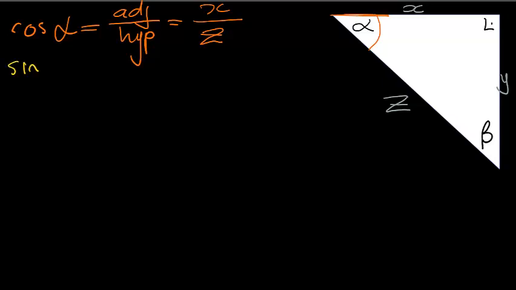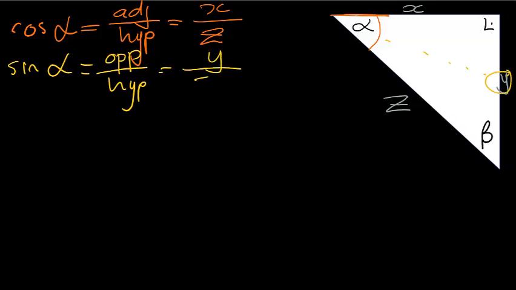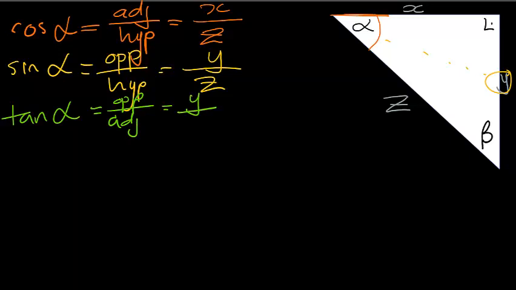Sine of alpha is going to be opposite over hypotenuse, which is going to be y over z. And finally, tan of alpha is going to be opposite over adjacent. And we said opposite is y, adjacent is x, y over x. That is dealing with angle alpha.